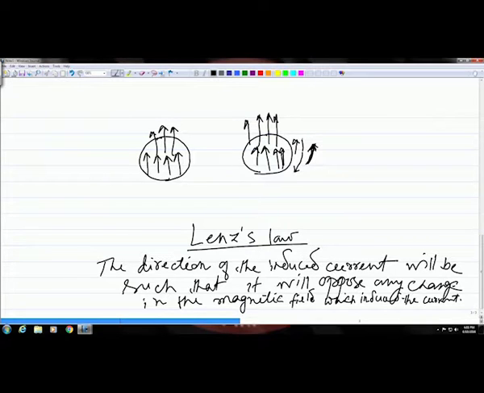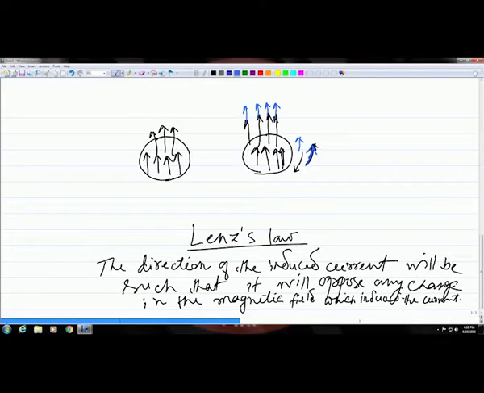Okay. Let me give a different color to this. So, this will be the direction of the field if the direction of the induced current is like this. Okay. So, that means this field will be additive to this. So, this will again add to this and the magnetic flux will further increase, which is against the conservation of energy law.